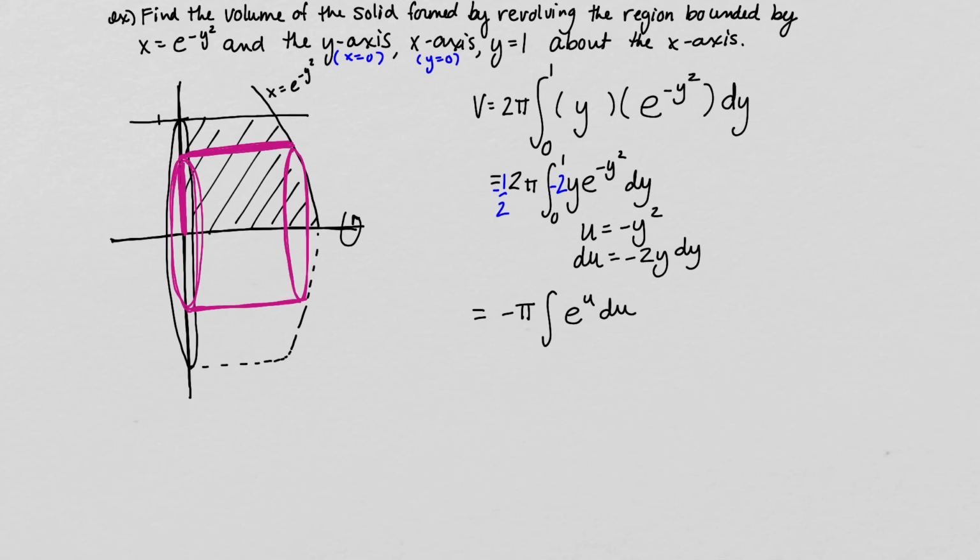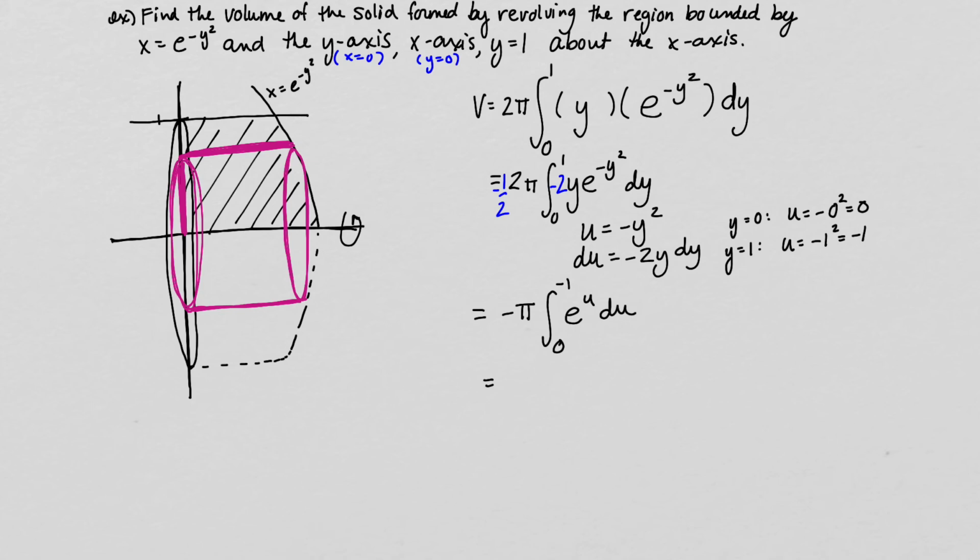When y is equal to 0, u is going to be minus 0 squared, so it's still just 0. And when y was equal to 1, u is going to be minus 1 squared, or negative 1. So we're going to go from 0 to negative 1.